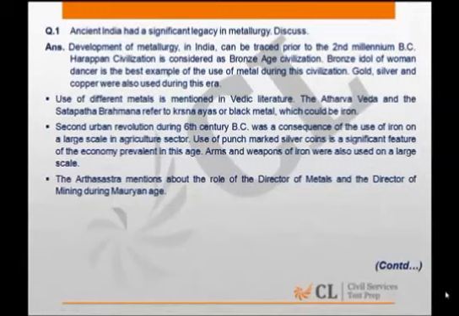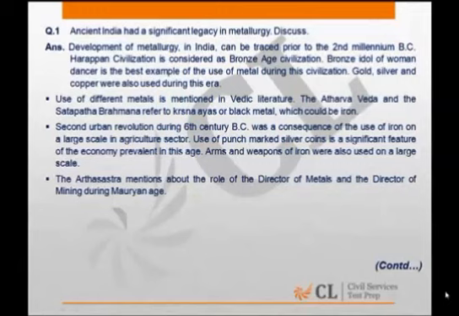So when we talk about the Harappan period, you all know people of Harappan civilization were aware of metallurgy or the different types of ores and metals.